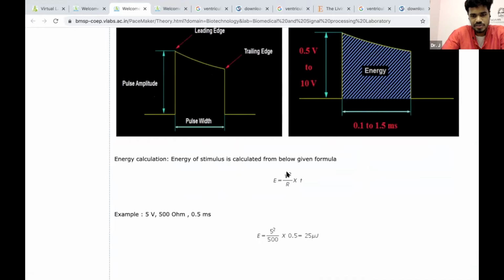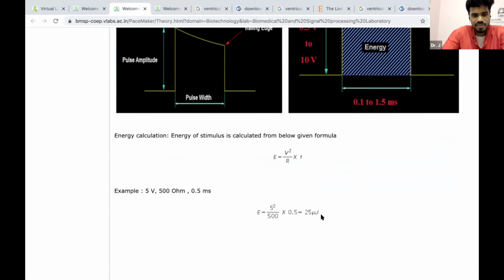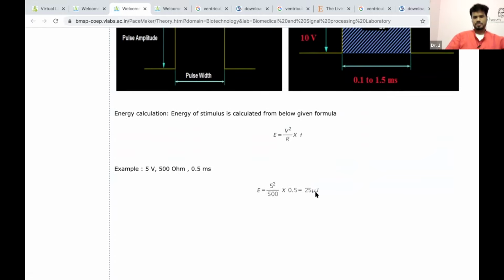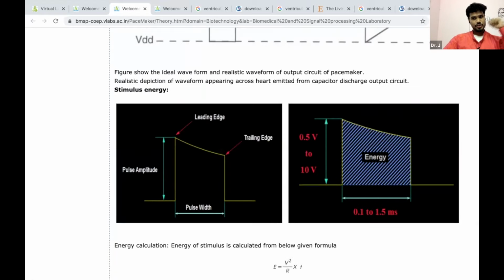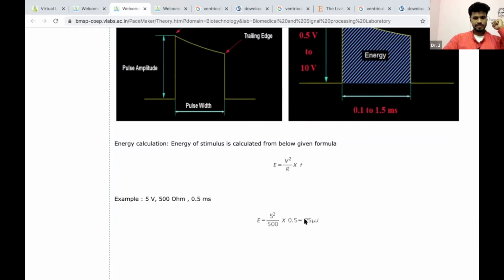Power is V squared by R. Energy used up here is V squared by R times time. Typically for a single pulse of 0.5 milliseconds, we use about 25 microjoules. With pacemakers, you directly apply that on the surface of the heart.